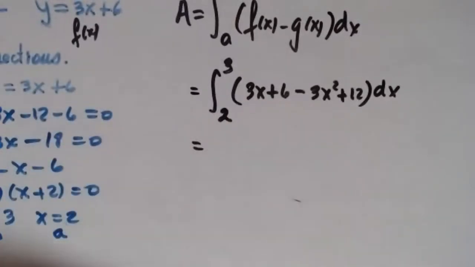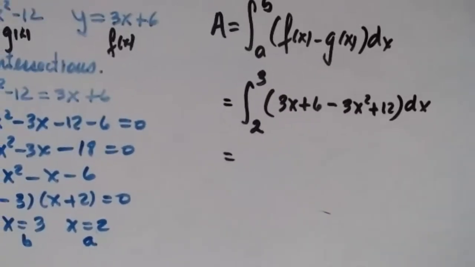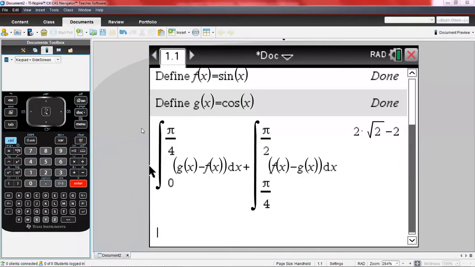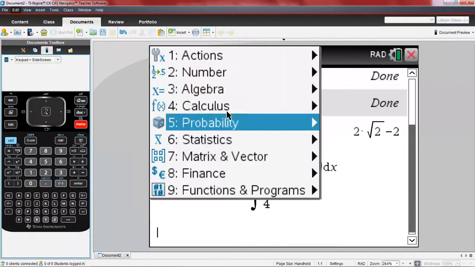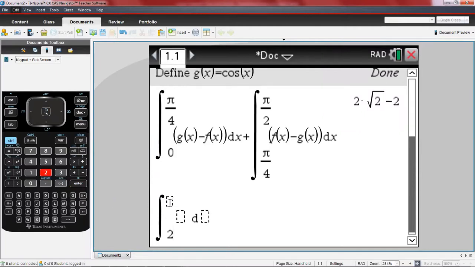Then, well, you can do this by hand, or you can go to your calculator, right? Yep, this one. So we have, okay, menu, calculus, integral. So it is the integral from 2 to 3.